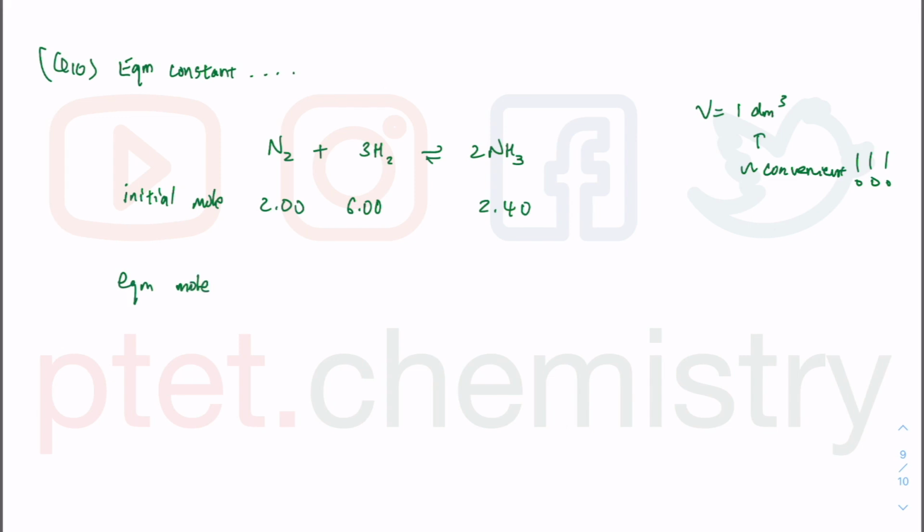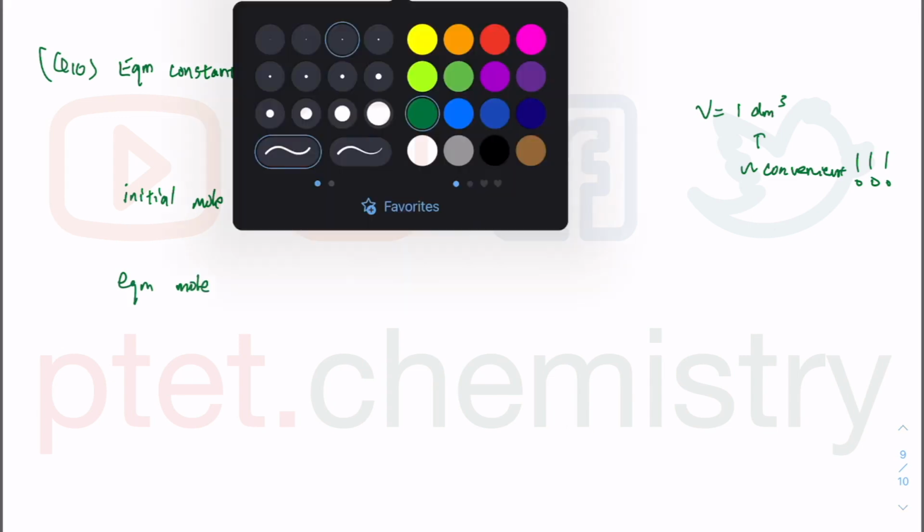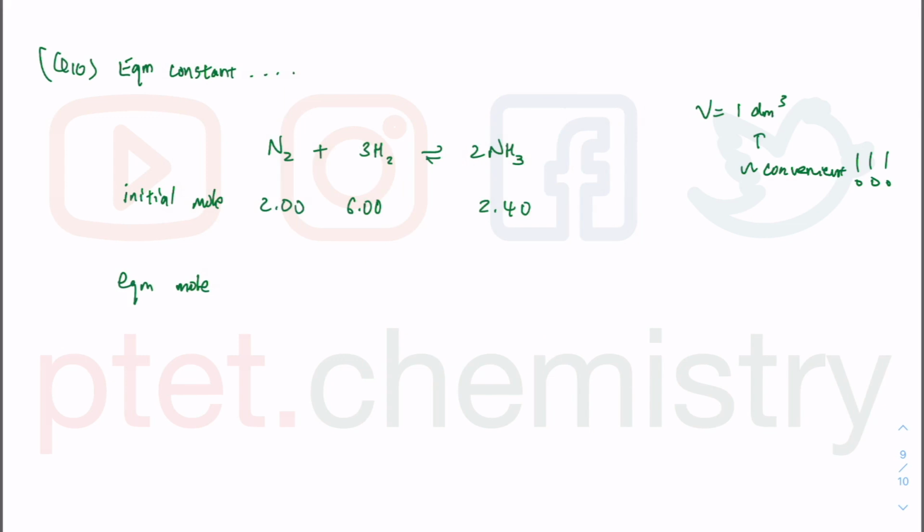Equilibrium mole. So at equilibrium, you find out that 2.32 mole of nitrogen is present, which means the equilibrium has gone left, has gone backward a little bit. And that means your change from 2.00 to 2.32 is plus 0.32.